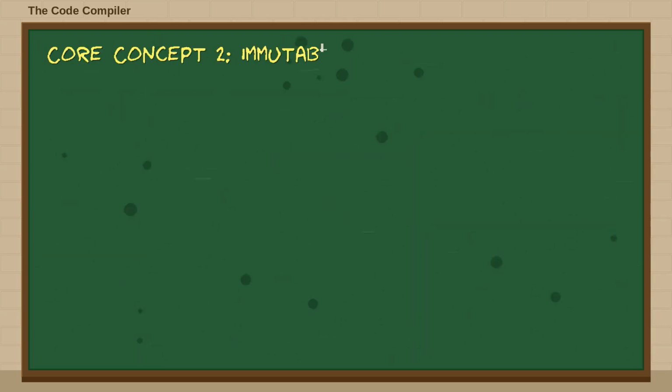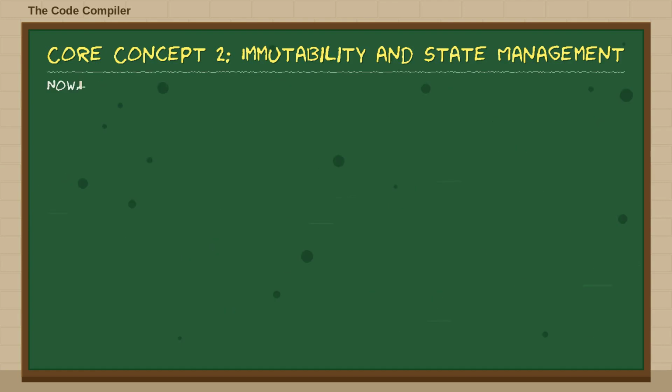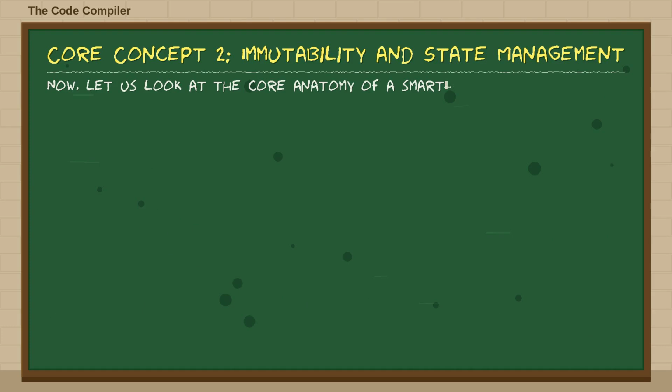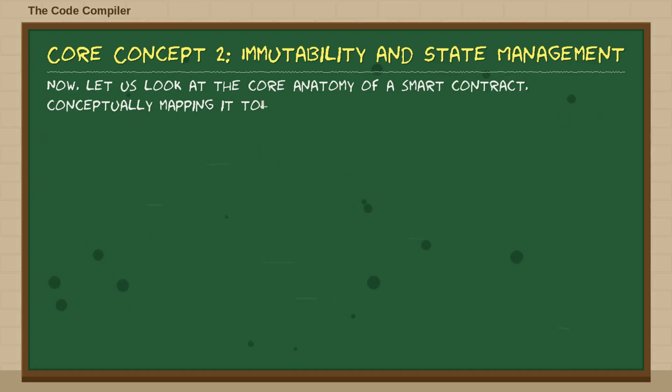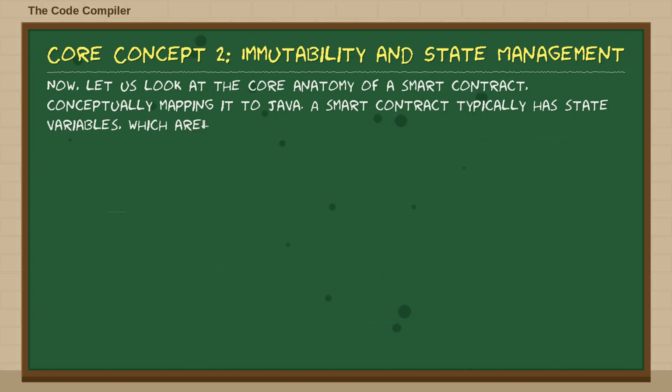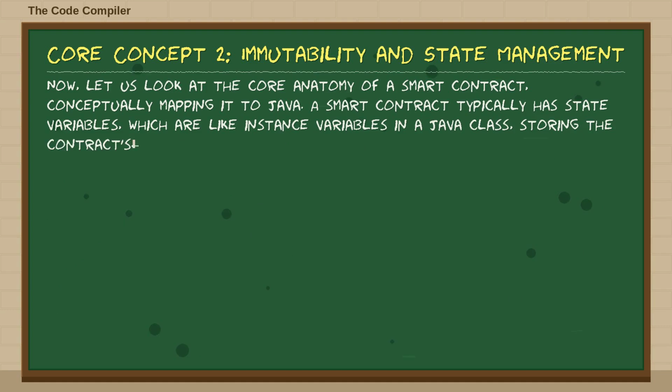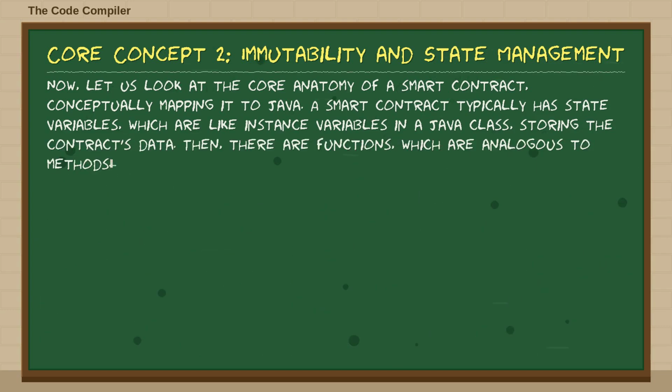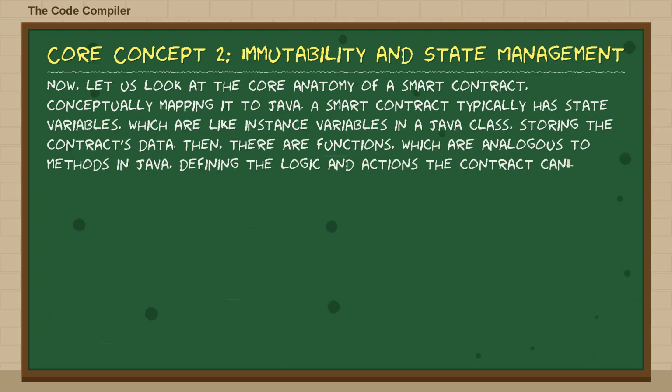Now, let us look at the core anatomy of a smart contract, conceptually mapping it to Java. A smart contract typically has state variables, which are like instance variables in a Java class, storing the contract's data. Then, there are functions, which are analogous to methods in Java, defining the logic and actions the contract can perform.